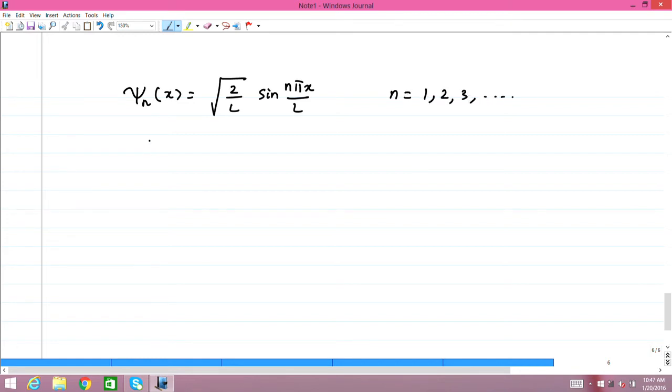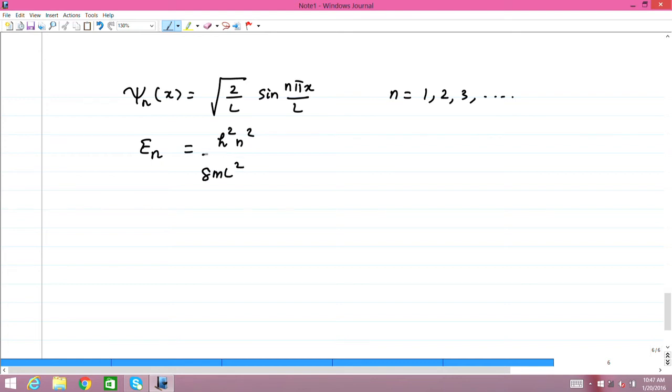The solutions are the wave function psi n of x, normalized using the box length, root 2 by L sin n pi x by L, and n can take the values 1, 2, 3, etc., all the way to infinity, and the energies E n are given by this formula, h square n square by 8 m L square.